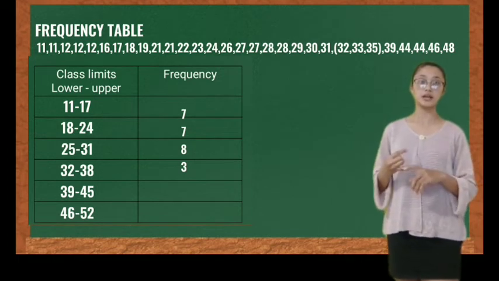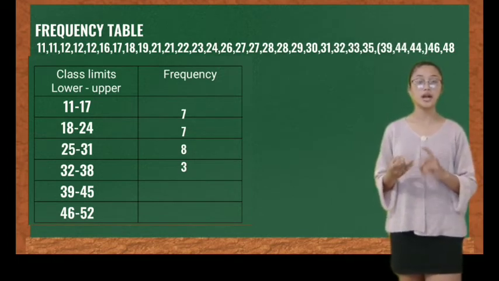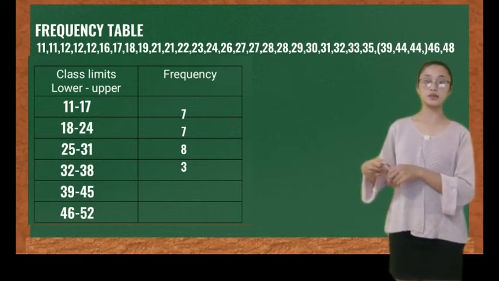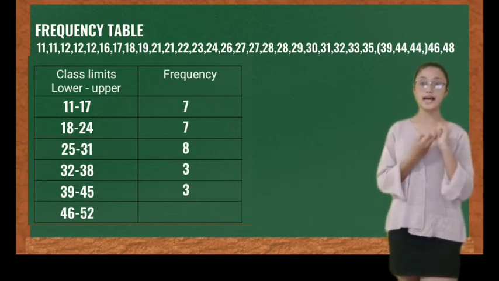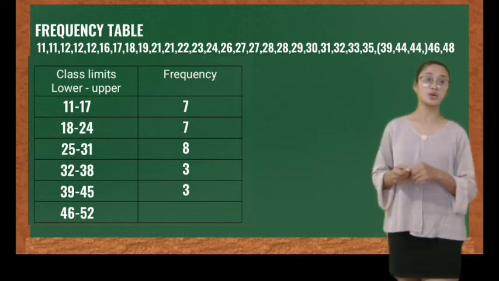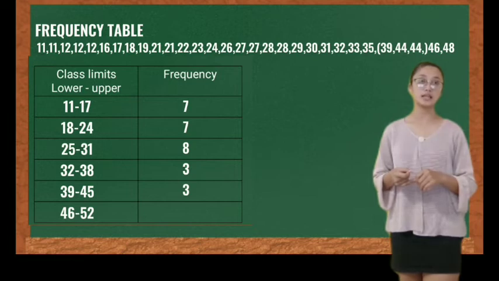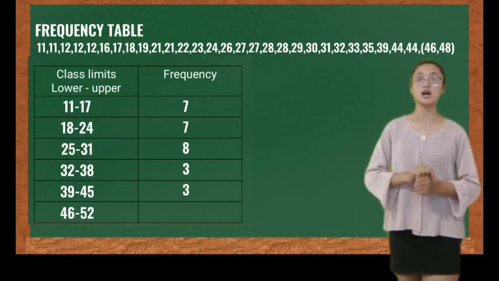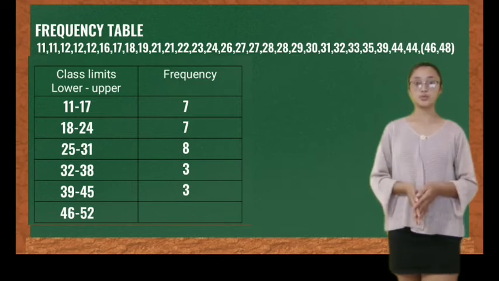So we have 39, 30, 44, and 44. So that class has a frequency of 3. And last is 46 to 52. So we have 46 and 48. So the last class has a frequency of 2.